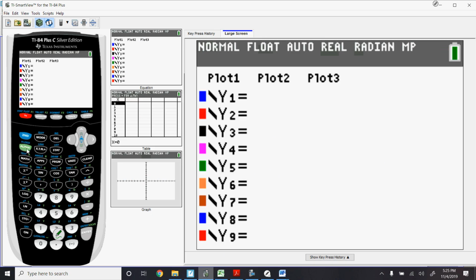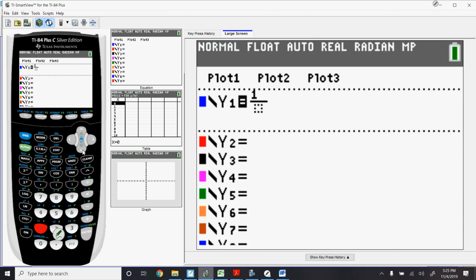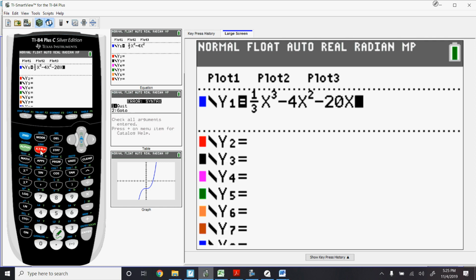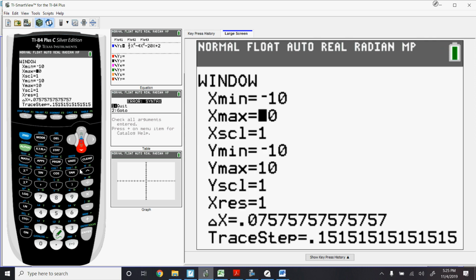So I'm going to graph my function, 1/3 x cubed minus 4x squared minus 20x plus 2. On my window, I want to make sure I can see -2 and 10. I'm going to be able to see -2 pretty easily. 10, maybe not so much.